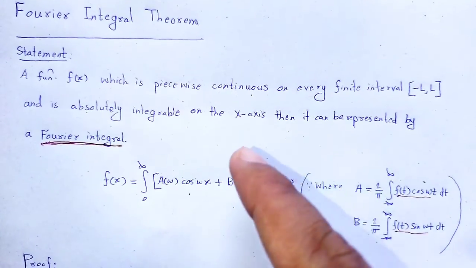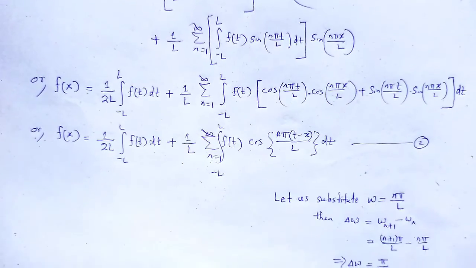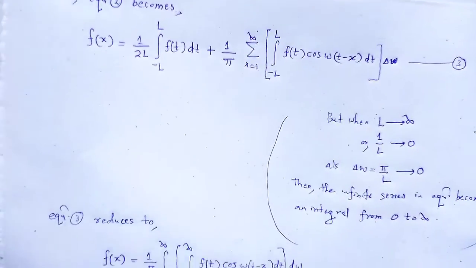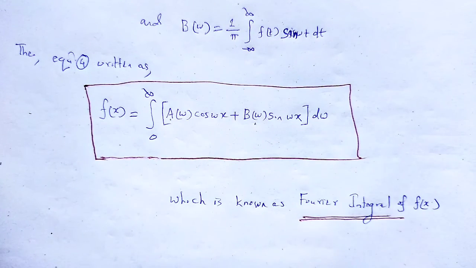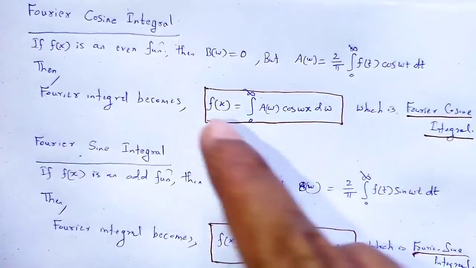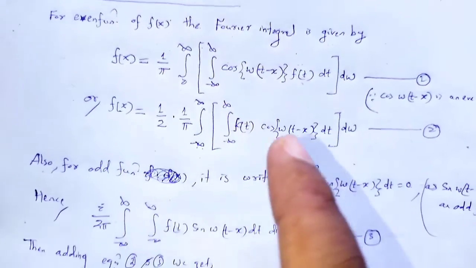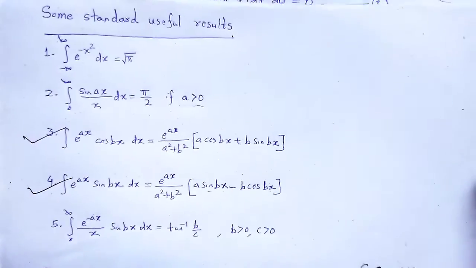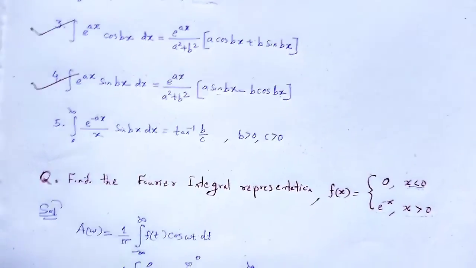So, with the help of this video lecture, we understood what the Fourier integral theorem is, the statement and proof of the Fourier integral transform, the Fourier integral of a given function f of x, then the Fourier cosine integral and Fourier sine integral, the complex form of the Fourier integral, and some standard integrals which are very useful for solving problems related to the Fourier integral.